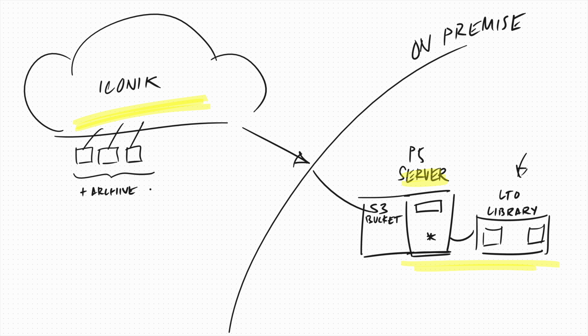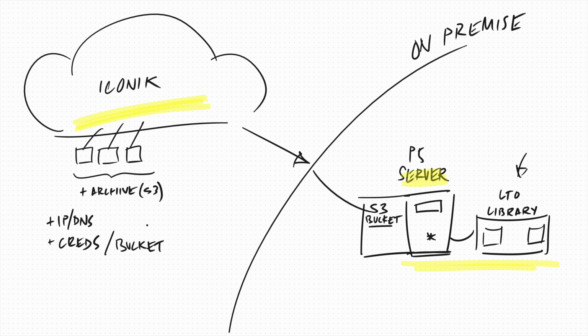So what we can do in iconik is we can add the ability to archive, and we can configure some S3 storage, an S3 target in iconik that we want to archive to. And the configuration of this basically involves you need the IP address or the DNS name of this endpoint over here. You need the credentials to access a bucket, plus the name of the bucket.